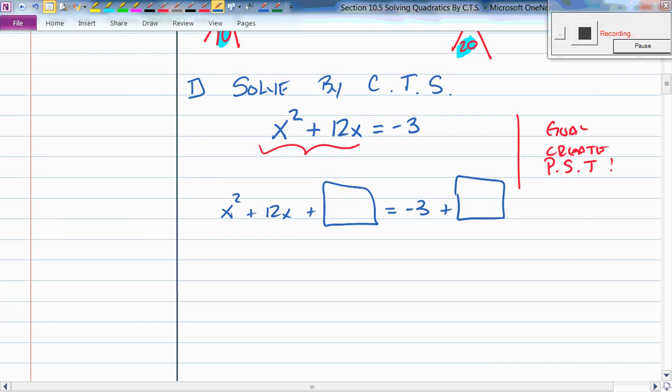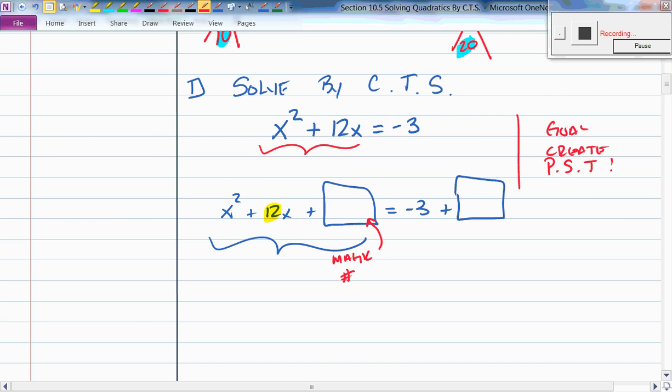Okay, good. Now, here is the thing. We want to create a perfect square trinomial right here on the left-hand side. And the key to doing it is looking at this middle term. So I'm going to tell you what I call the magic number. I call this thing right here the magic number.